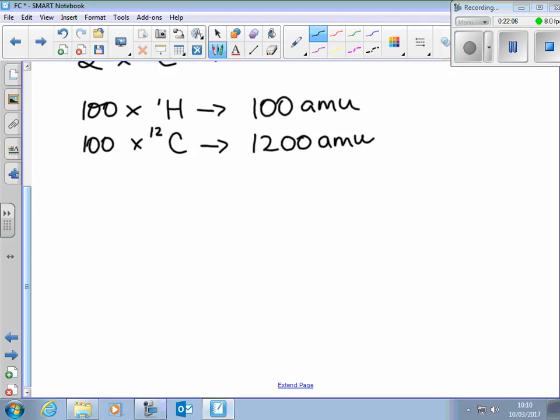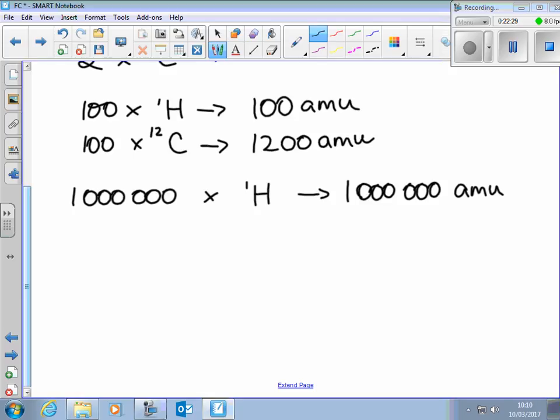And getting into slightly larger numbers, I might write it out: 1 million. Just to remind you how big some of these numbers can get. 1 million atoms of hydrogen 1 has a mass of, strangely enough, 1 million AMU.